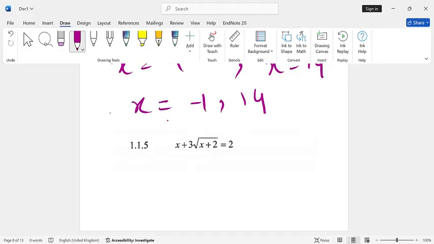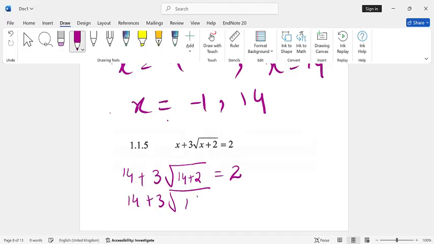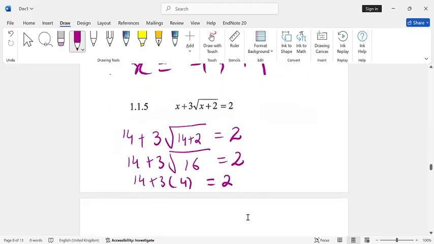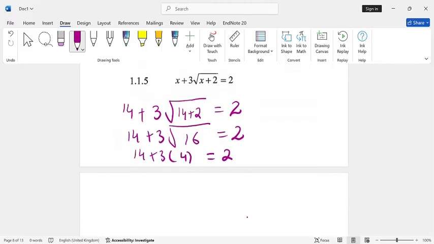So when I put 14 into x, 3 square root of 14 plus 2 equals 2. Okay, now 14 plus 3 into 4 equals 2. So as you can see, our answer is not equal, because 14 plus 12 is not equal to 2.